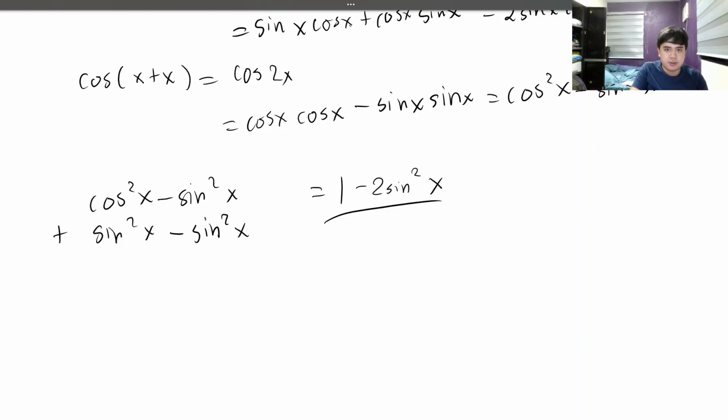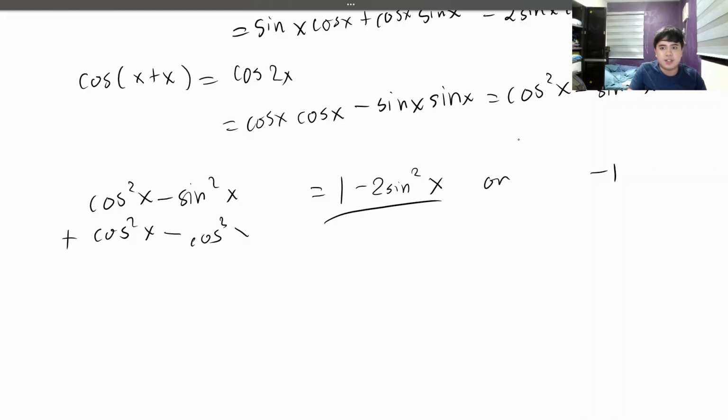If instead we did this, instead of sine, we got cosine, and let's reverse the signs for now. Yeah, that's actually fine. So negative sine squared X minus cosine squared X, that's negative 1.